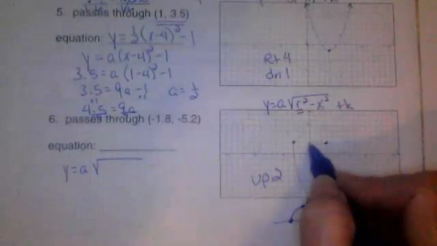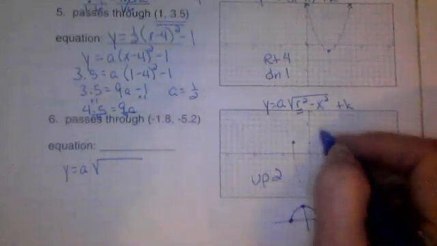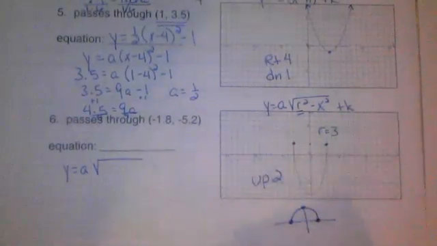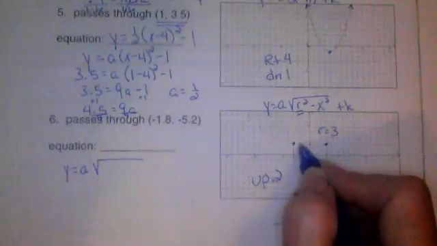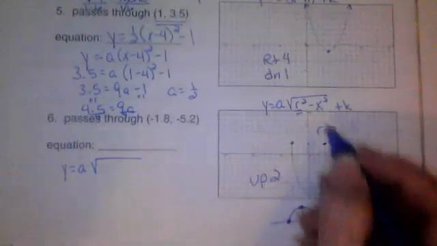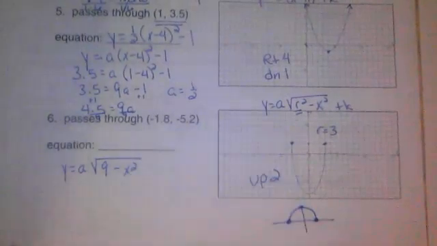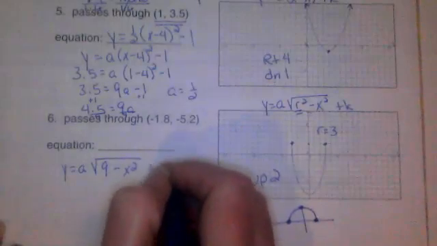And over here, we put an r because it could be any r value, but this one has a radius, or the distance from your y-axis out is 3. The radius is 3 units. 1, 2, 3. 1, 2, 3. So 3 squared would be 9 minus x squared. And then we have our shift, which was up 2.